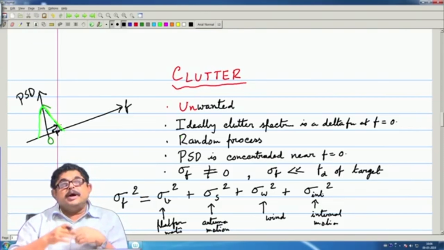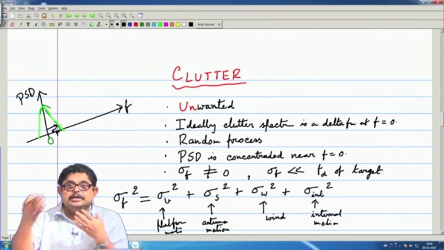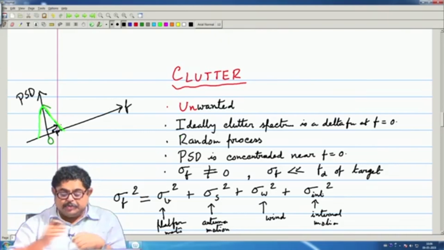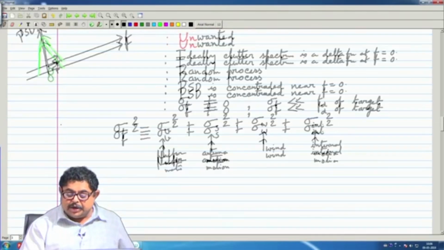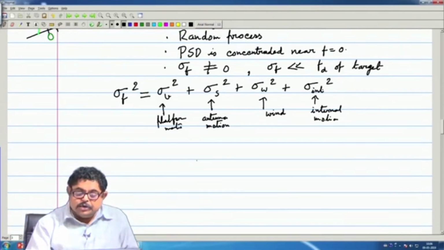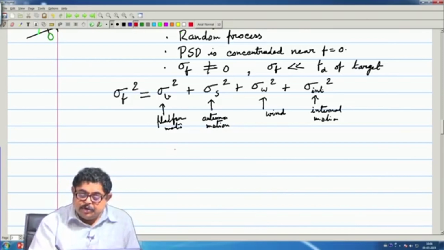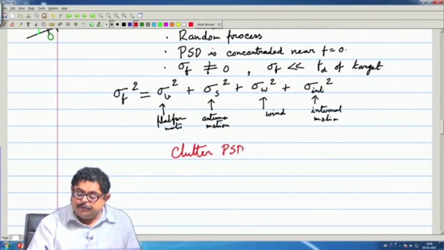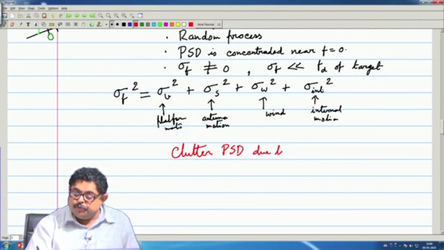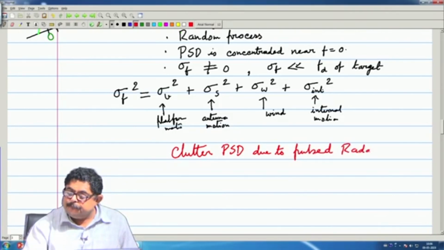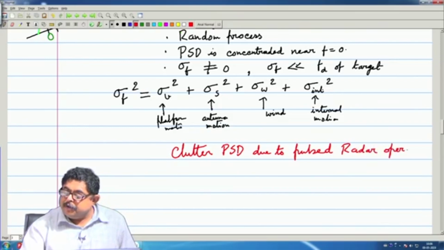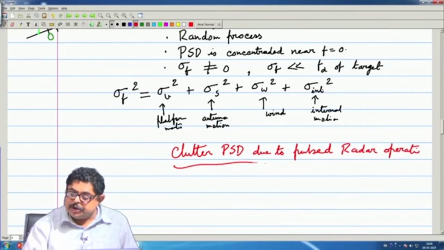So, after sampling, since it is doing the pulse, if we see the overall spectrum, what will be the clutter PSD for pulse radar? So, I can say that clutter PSD due to pulse radar operation, or basically PRF type of operation.